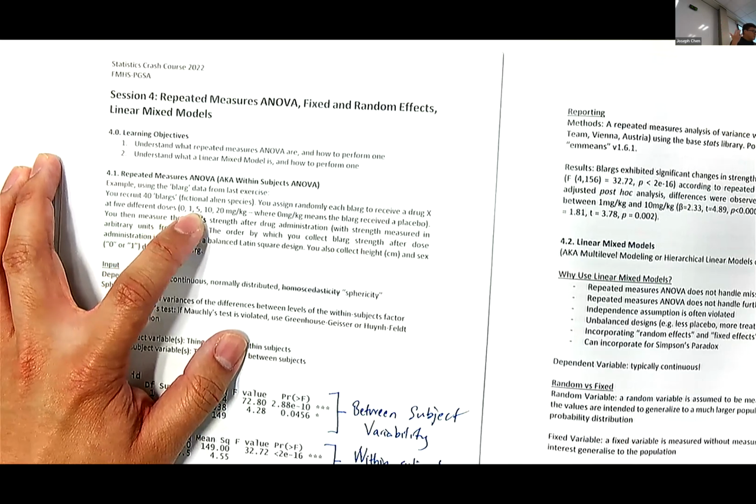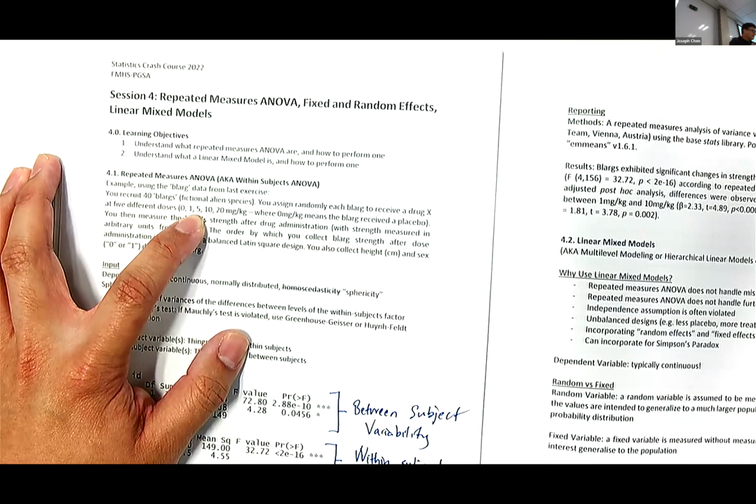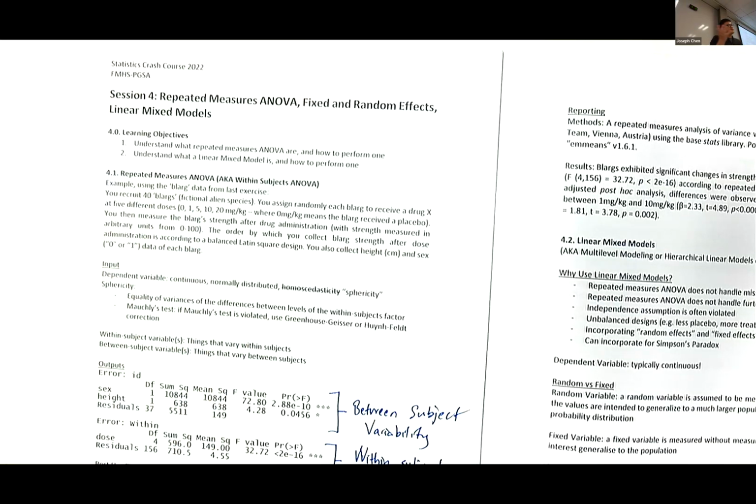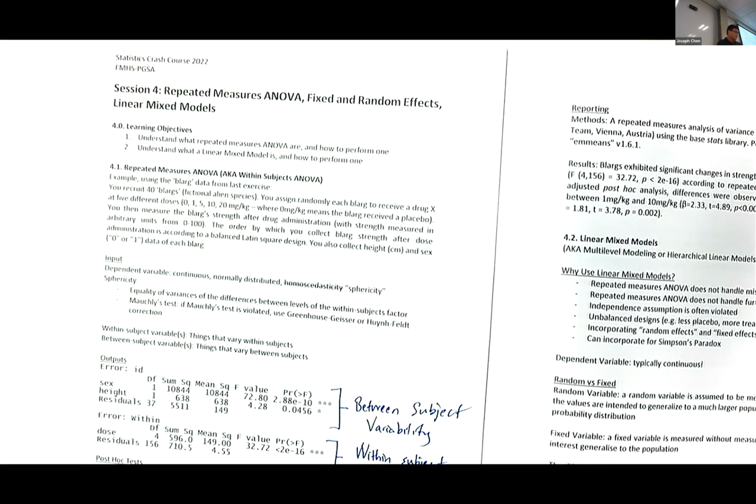And then after you gave them a dose of 5 milligrams per kilogram, they might elicit a strength of 55. But the thing is, these 3 data points, 50, 51, and 55, they aren't independent from each other. Why are they not? Because it's the same blarg, right? If it were truly independent, then it would just be a random number. But in biology, because you're often measuring multiple values per person or per subject or per animal, or per cellular array, whatever, it's often not independent.